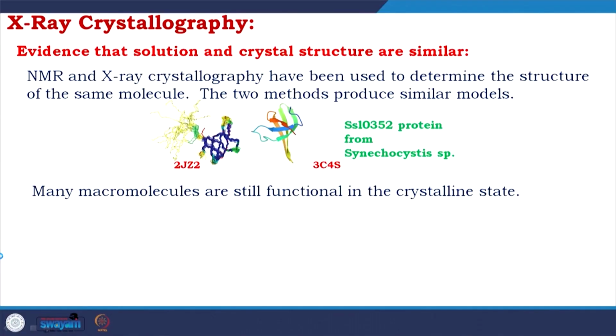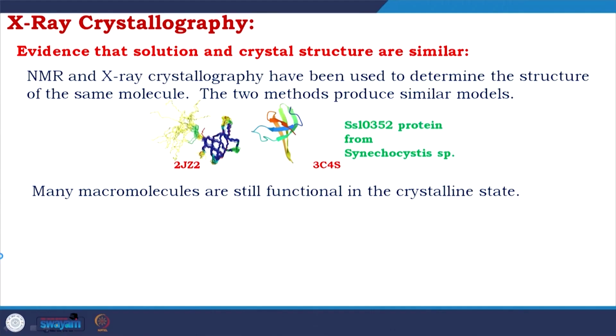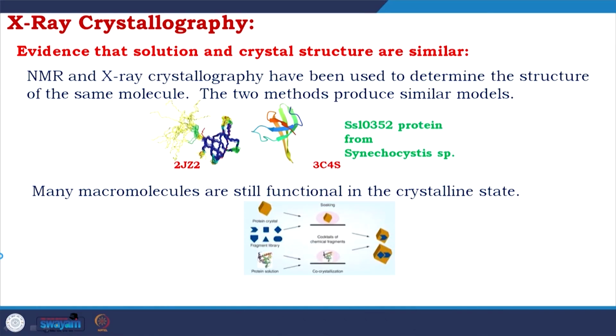Many macromolecules are still functional in the crystalline state. This is what I was talking about. When you have the condition and do an assay, you will find that proteins are still enzymatically active inside the crystal. That means the protein is still functional. There are two types of experiments, co-crystallization and soaking.